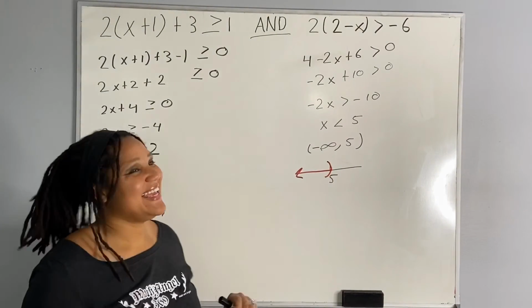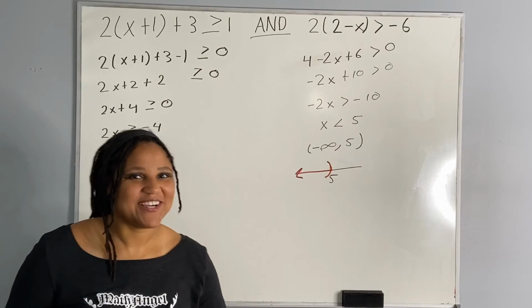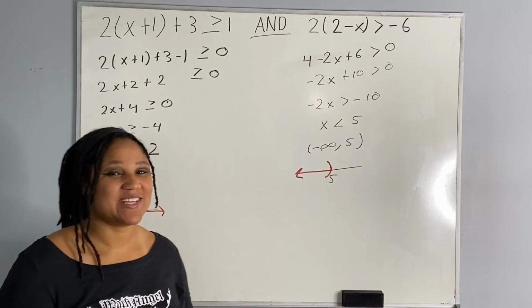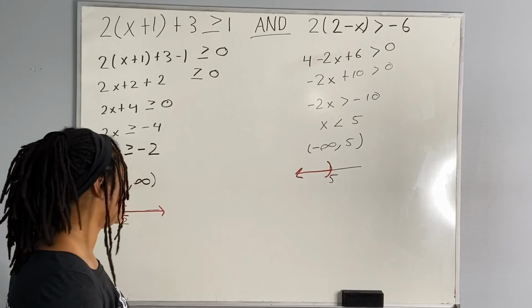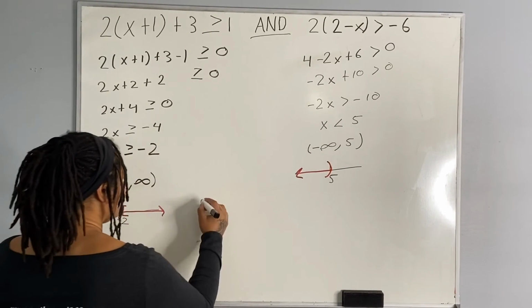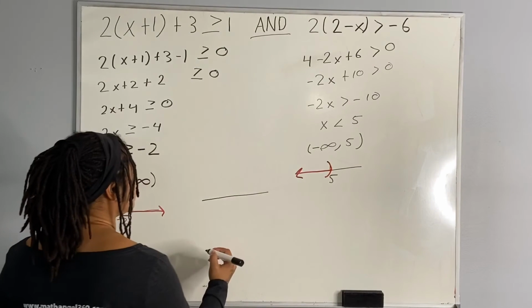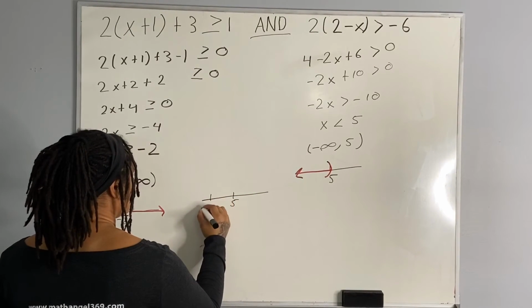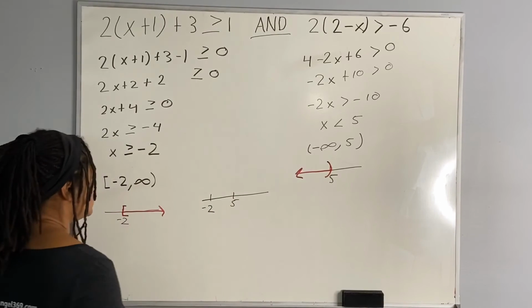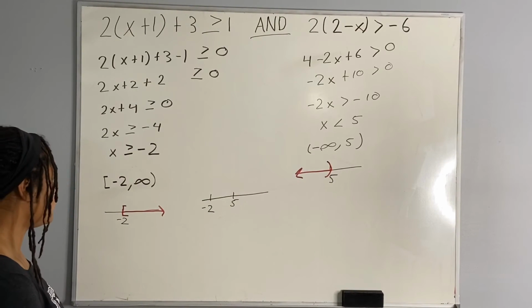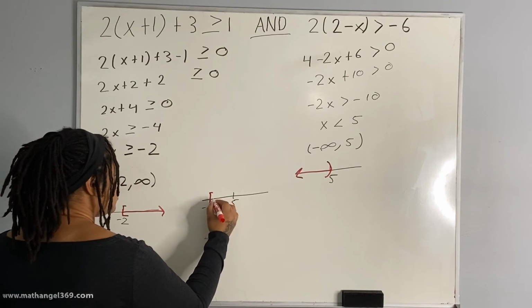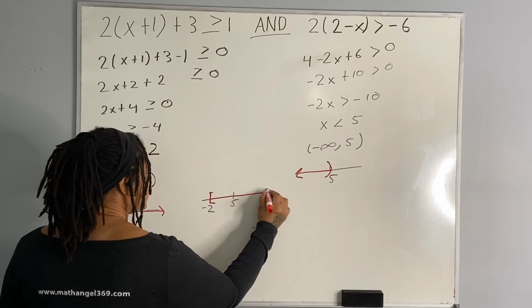Now we have an AND, not an OR. So with an AND, we are going to take the interval that the two have in common. So on the number line, we have a 5 and we also have a negative 2. So for the first graph, we started from negative 2 all the way to infinity.